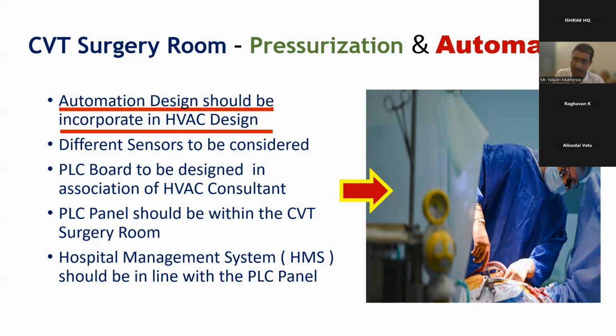And the smoke densities are very high. Since the patient remains on the table for a longer time, there is a chance of contamination. That is why more air changes are recommended. But again, I am telling you, there is nothing written that it should be. It's a guideline. Understood.